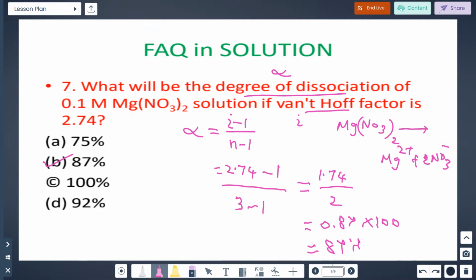Understood? I think it will be easy for you. So simply remember all of you, go through the formulas, they are very important. If you know the formulas, you can solve the sums very easily. I hope you understood everything. Thank you.